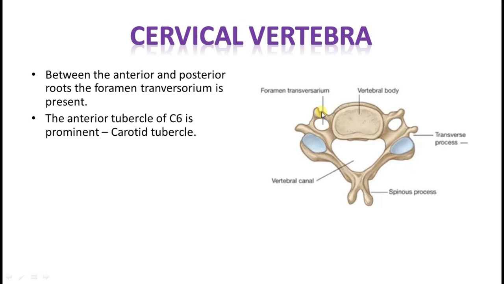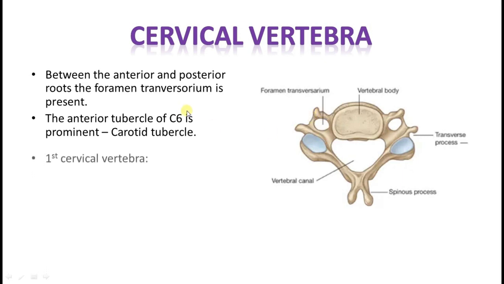The identification points for a typical cervical vertebra: presence of foramen transversarium, large triangular vertebral foramen, bifid spine. So these three things you should mainly remember.